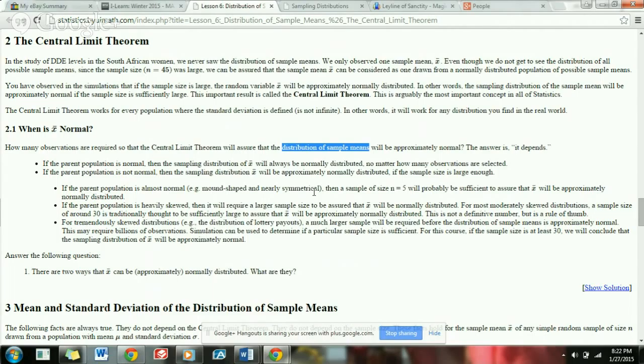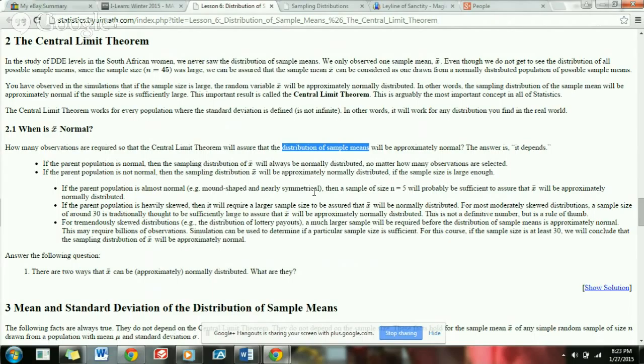If the parent is normal, then the sampling distribution of X bar will always be normally distributed, no matter how many observations are selected. If the parent is not normal, then the sampling distribution of X bar will be approximately normally distributed if the sample size is large enough. That's bizarre. Why is that the case?